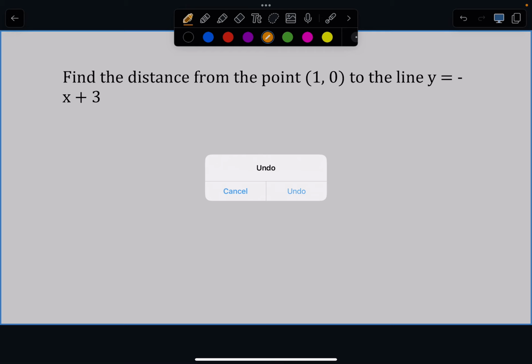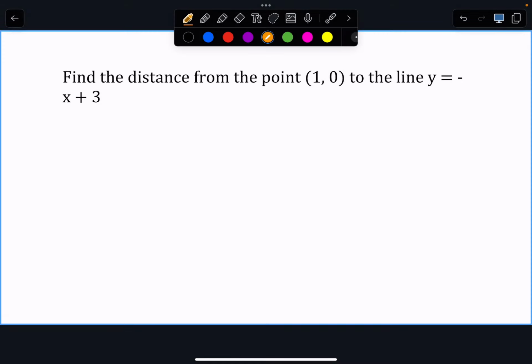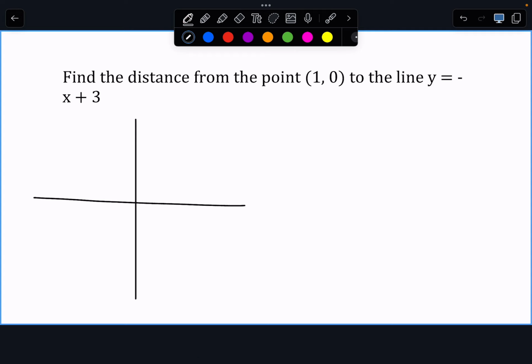I want to find the distance from a point to a line. So let's go ahead and graph y equals, and you know what, when I printed this, that looks bad. Y equals negative x plus 3. Maybe rewrite it like that so it's all together.